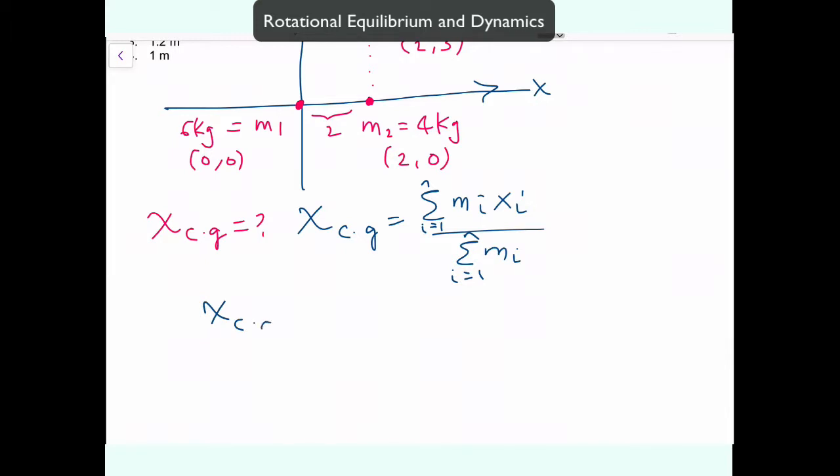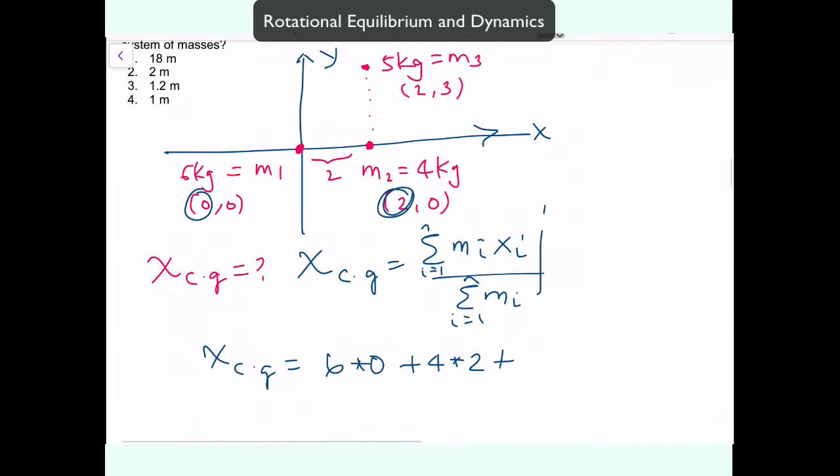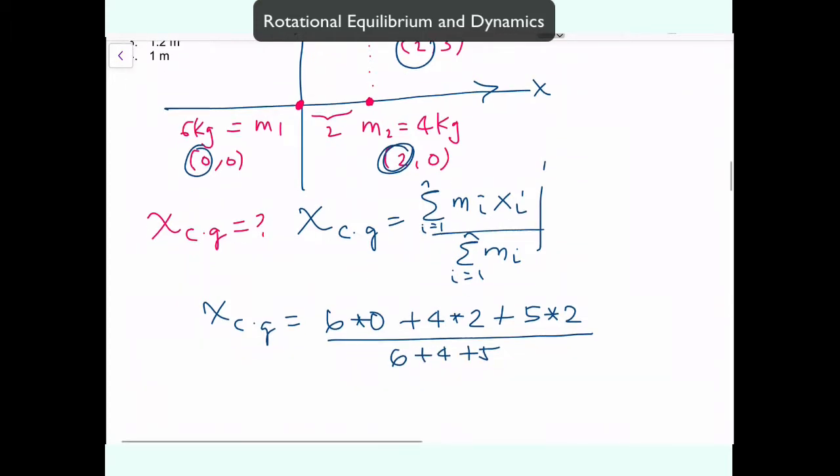So x center of gravity for us is going to be mass 1, which is 6 kilograms, and the x coordinate is 0, then plus mass 2, which is 4 kilograms, multiplied by its x coordinate, which is 2, then plus mass 3, which is 5, multiplied by x3, the x coordinate of that mass. Then divide that by the sum of all the masses that you have: 6 plus 4 plus 5, those are all the masses that you have.